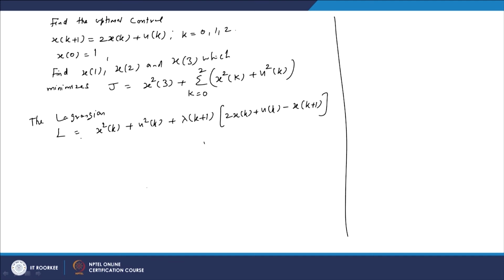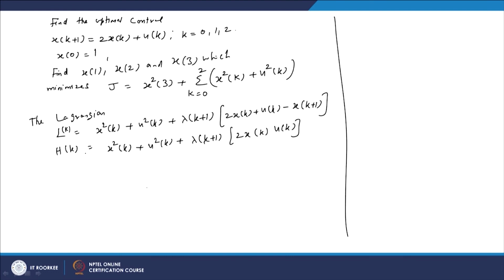Then we can write it in the form of the Hamiltonian at k. This is the Lagrangian when we write k first. So the Hamiltonian is given by x square of k plus u square of k plus lambda of k plus 1 into 2 x of k plus u of k; except for the x of k plus 1 term, the others are the Lagrangian.